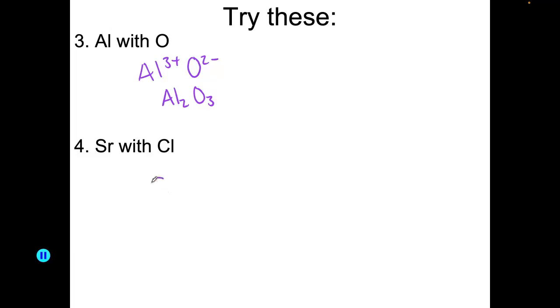All right, then we have strontium and chlorine. Chlorine is a 1 minus. Strontium is a 2 plus. So this would be SrCl2.